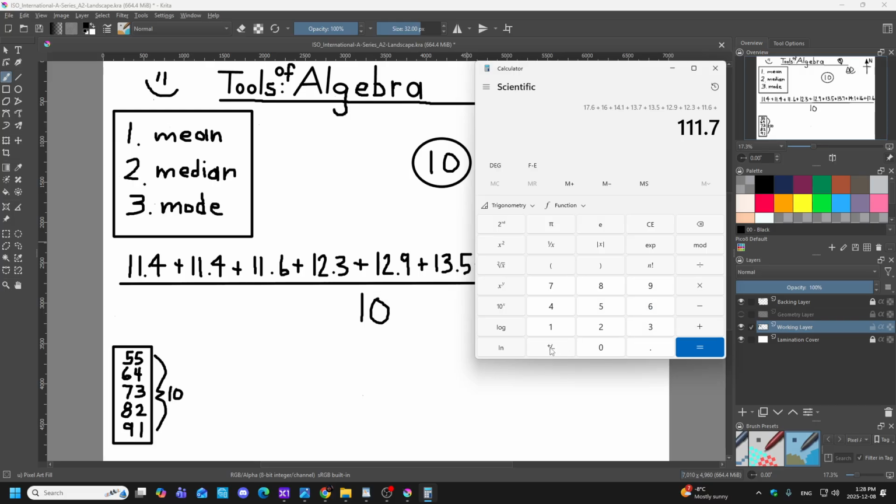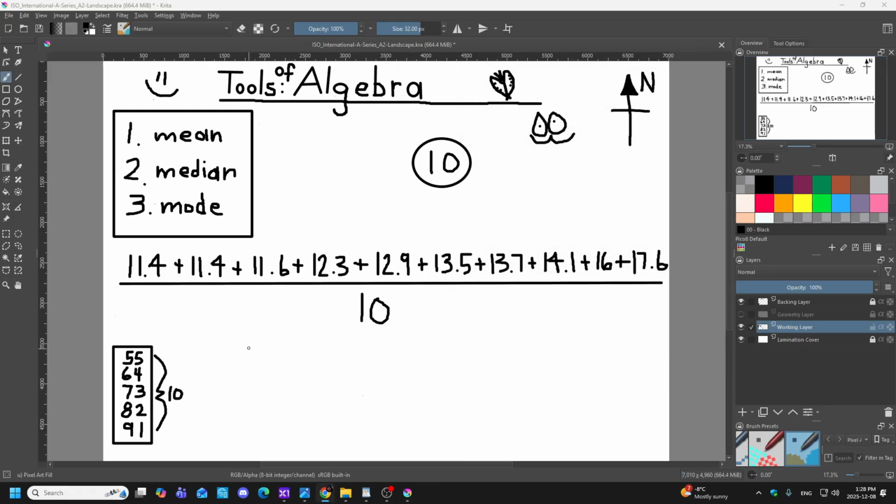I know it's a lot, boys and girls. Plus 11.4 plus 11.4. That's 134.5. And then we're going to double check, just to make sure. It doesn't hurt.